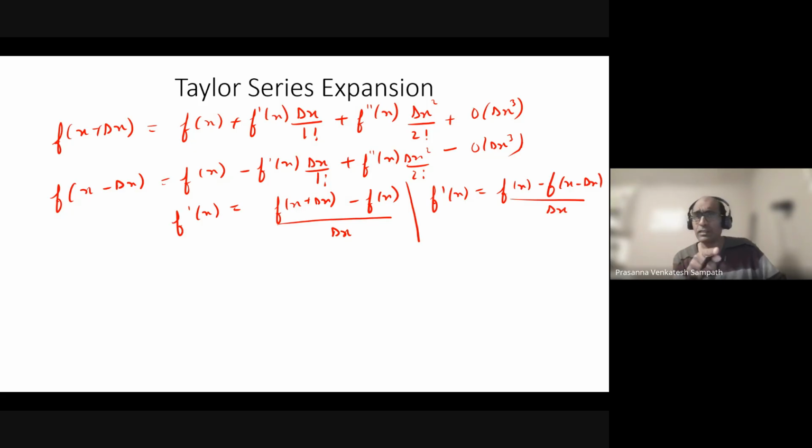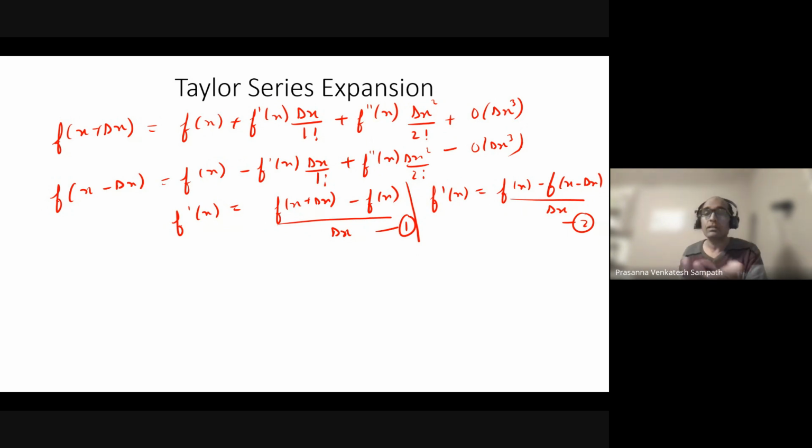Now the first equation that I wrote, let's call this equation 1 and let's call this equation 2. Now equation 1 is called the forward difference, right? Because you are calculating the derivative by using f of x plus delta x, forward difference. And the second equation is referred to as the backward difference scheme.